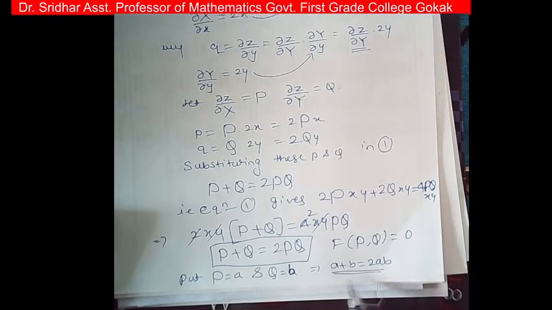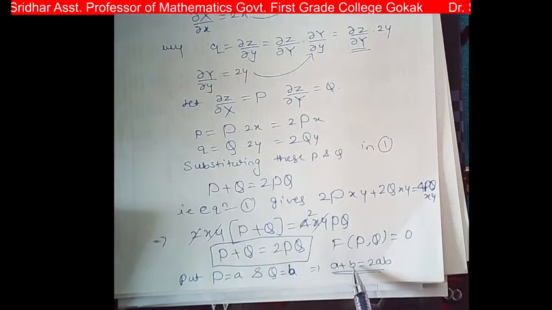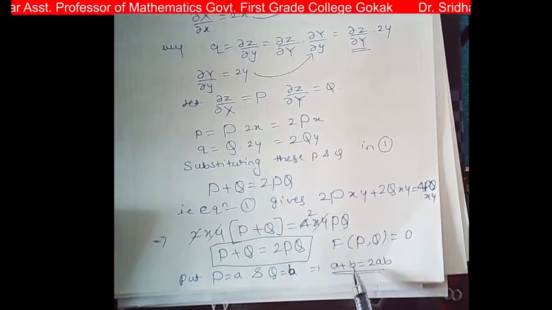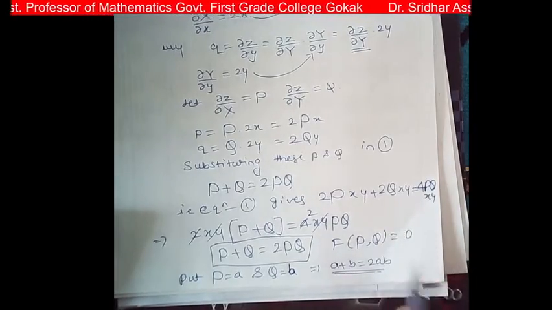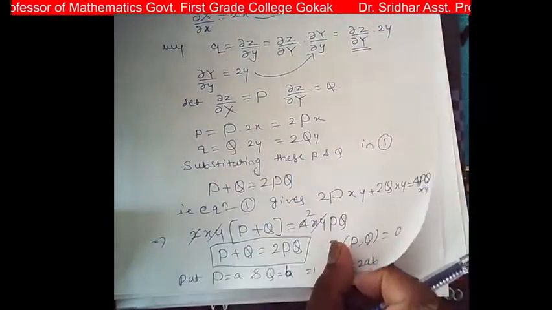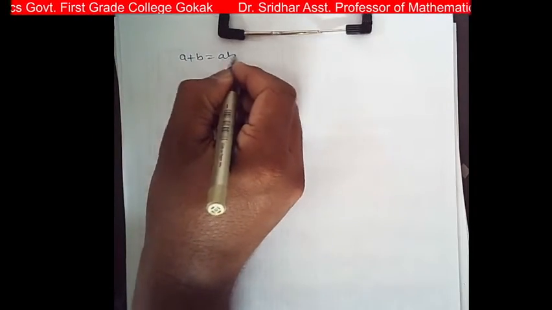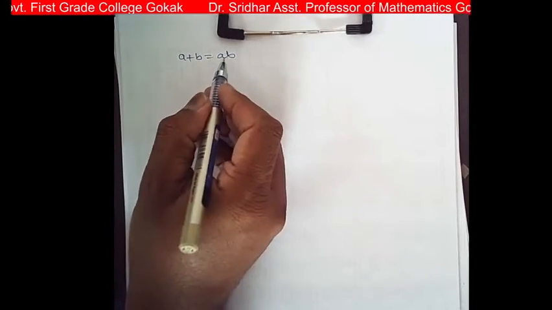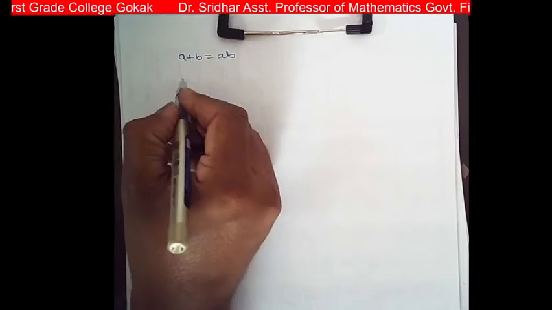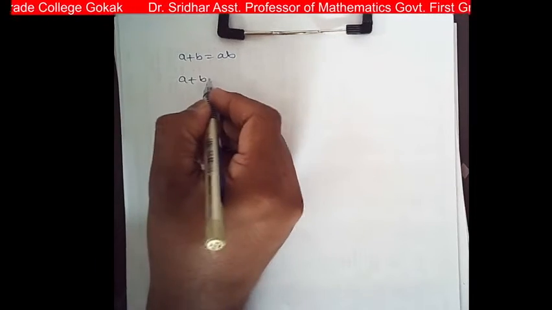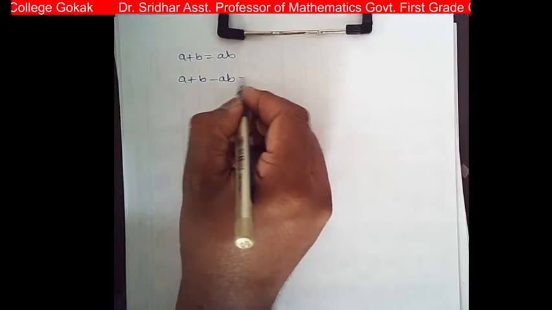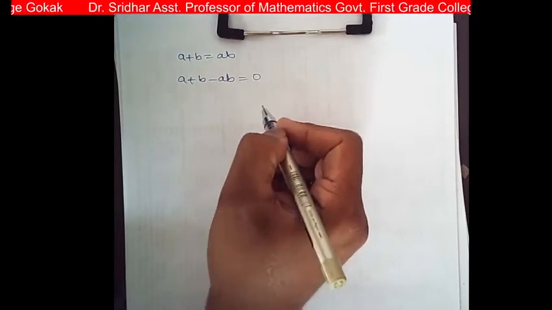Now from this equation we find the value of B. That is the method of solving such type of equation. So we have A plus B is equal to AB. Now I bring this AB here, A plus B minus AB is equal to 0.